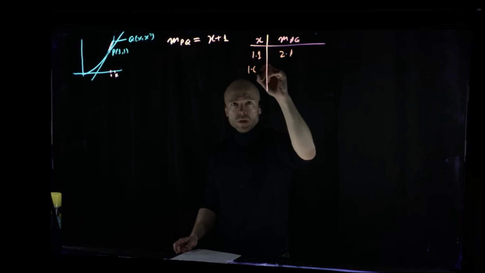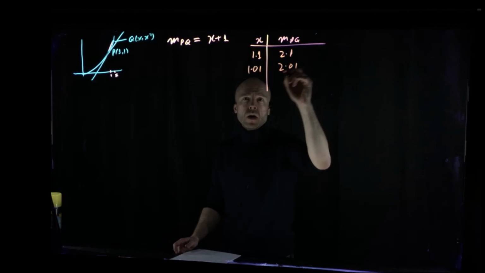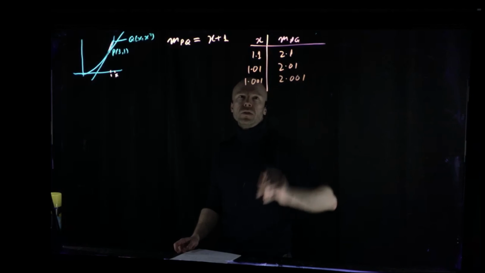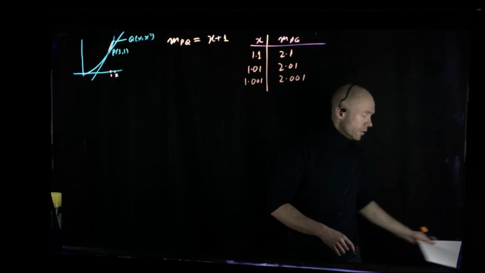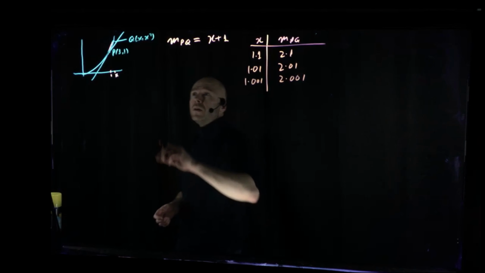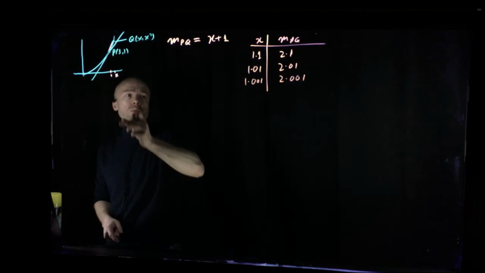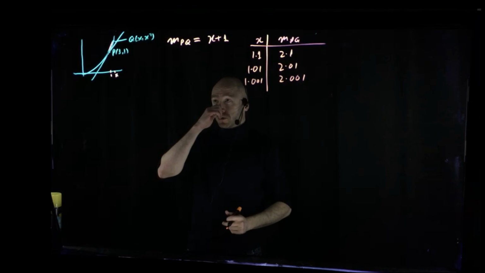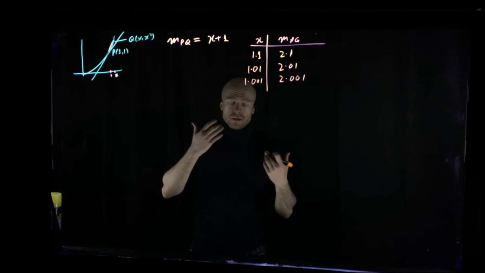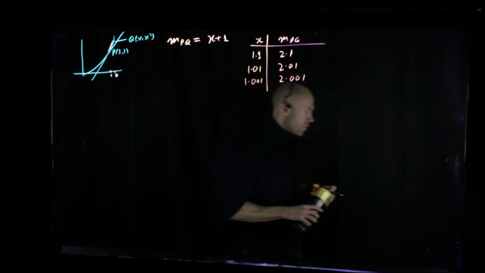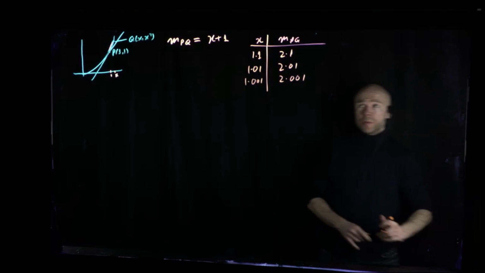If we put 1.01, then it is 2.01. 1.001, then it's 2.001, right? And it looks more and more like we have that the slope of this line segment is tending towards 2 as x tends towards 1, right? Which gives us the strong impression that we have that the slope of the tangent line is 2.